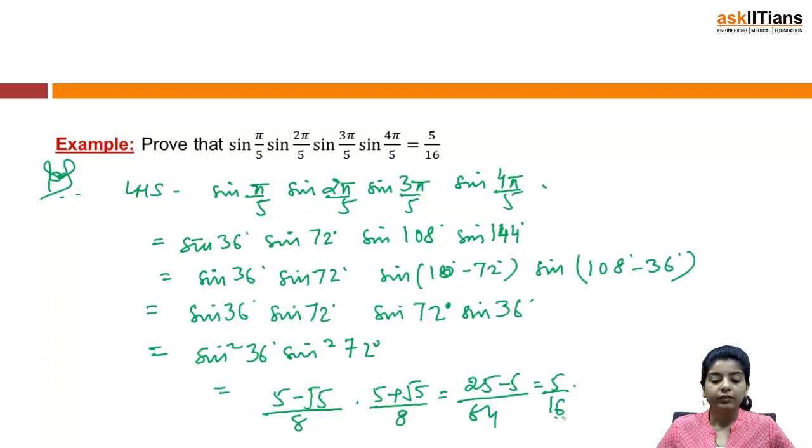So we have got the answer. Now in this question, first of all, we tried to convert these angles into some form of this angle, and if you know the value of sine 36, or even if you know the value of sine 18, you will be able to compute these values, and therefore we have arrived at the answer.